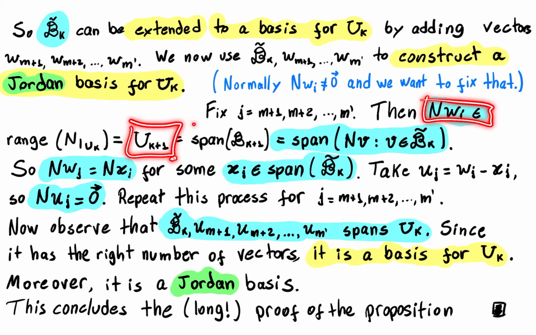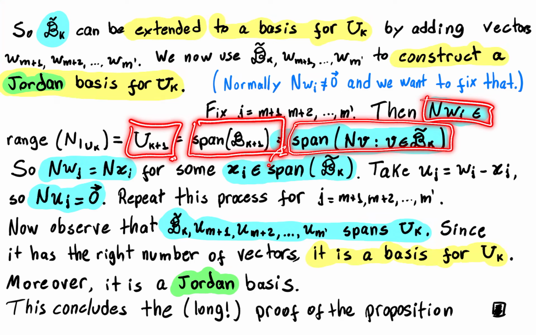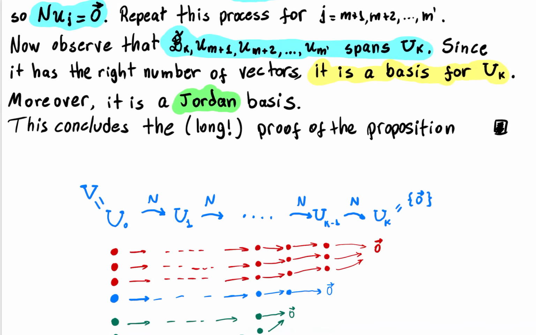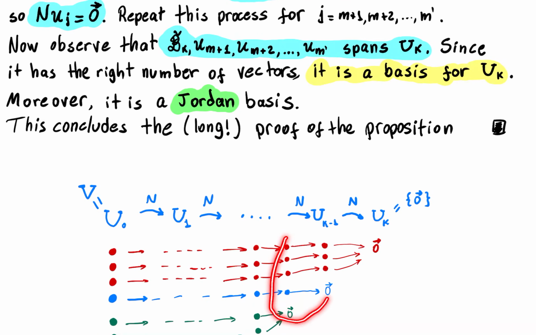What is UK plus 1? That's the span of BK plus 1. And what's the span of BK plus 1? Well, if we take BK tilde, if we look here in the chain, so we have this is BK plus 1, and BK tilde is when we add these vectors.